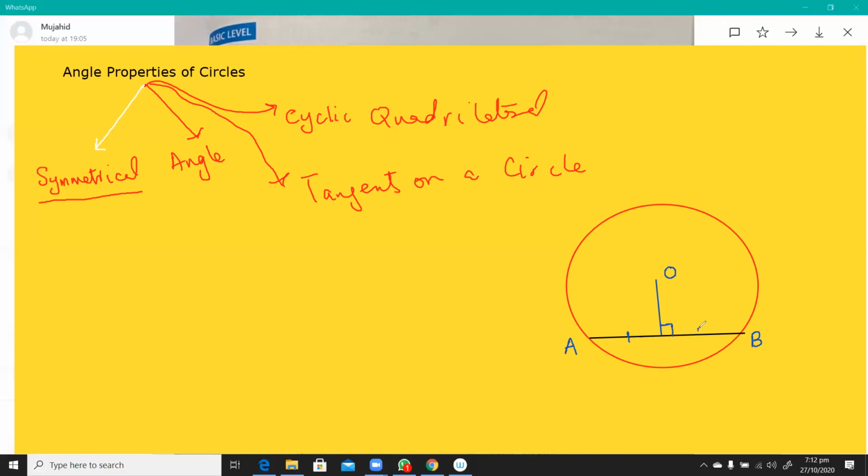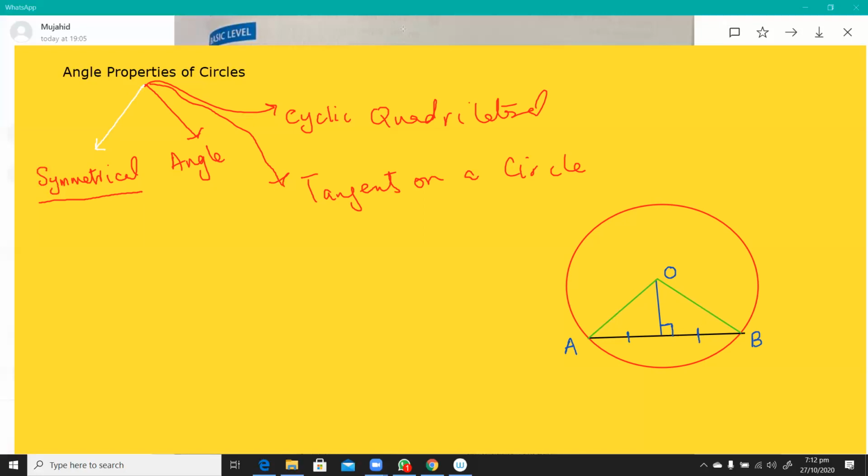Do you know the reason behind this? Why is this chord bisected? Do you have any idea? Okay, I give you the reason. If you join this O with this A, and you join this B and O together, you end up with an isosceles triangle.